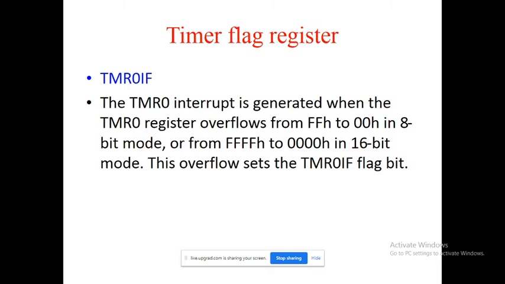It counts from 00 up to FF, and when one more pulse comes to the timer, it overflows. When it overflows, it will interrupt the controller, saying the given time is over, and then do the next action.